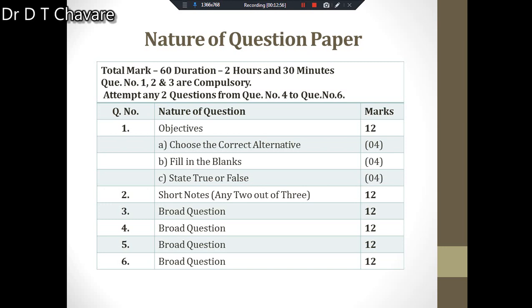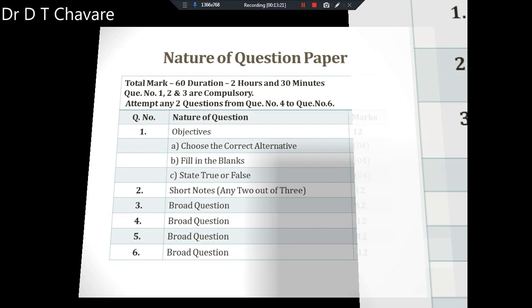Then attempt any 2 questions from question numbers 4, 5 and 6. It means that out of 6 questions you have to solve any 5 questions, and each question carries 12 marks.